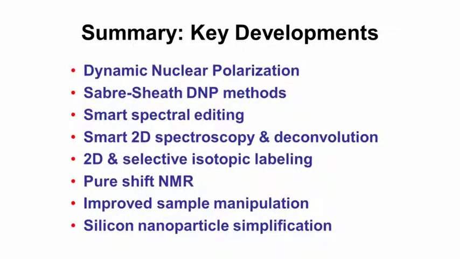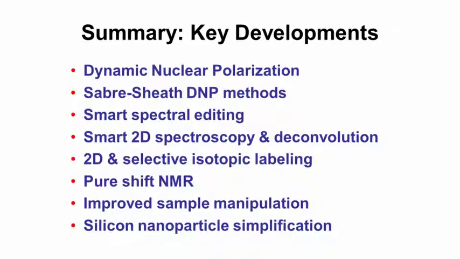If you don't have the money, SABRE is emerging and something that I think people should give a try. Things that have been around for a long time, smart spectral editing has certainly been around. CPMG kind of works, but I think there are better methods, things like pure shift NMR, better routes for deconvolution.